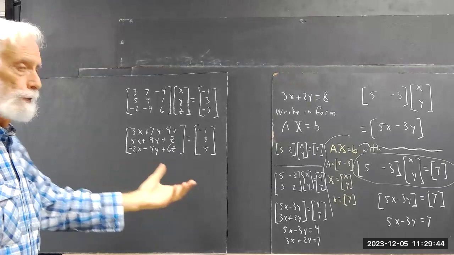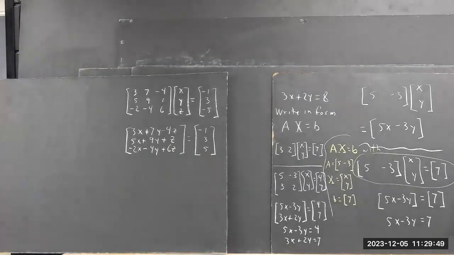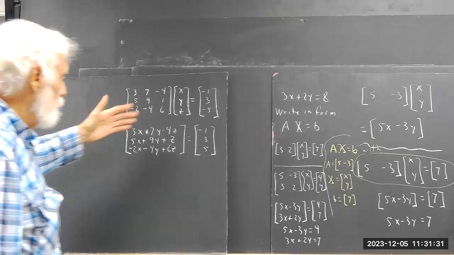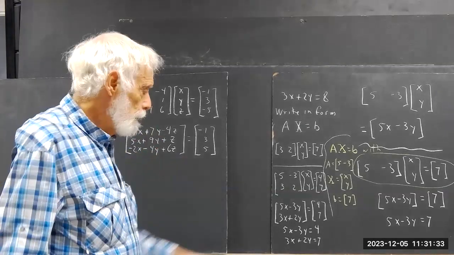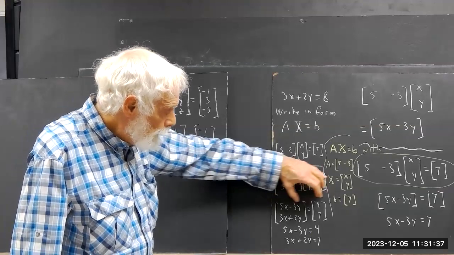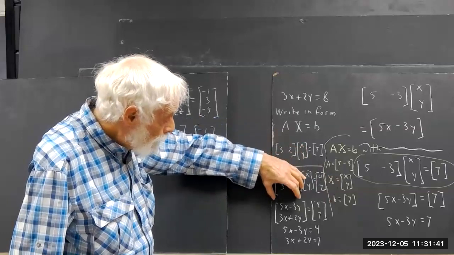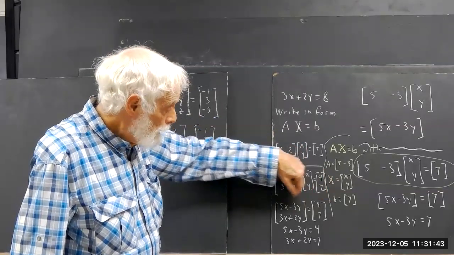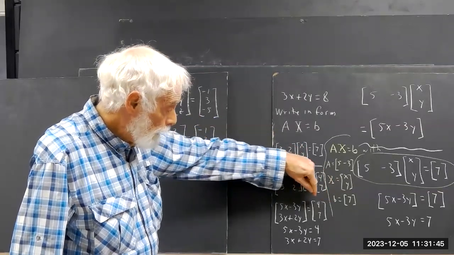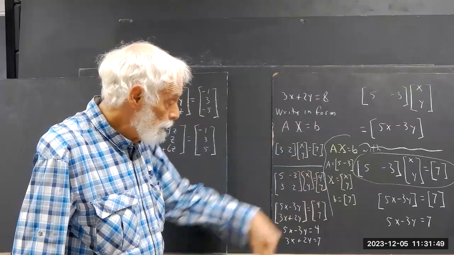Now, what system of equations does this represent? Okay, so still a little confusion on what we do with this. Well, let's look at what we did here again. We have this matrix is equal to this matrix. If the two matrices are equal, then the first row of this matrix has to equal the first row of this matrix, and the second row has to equal the second row.